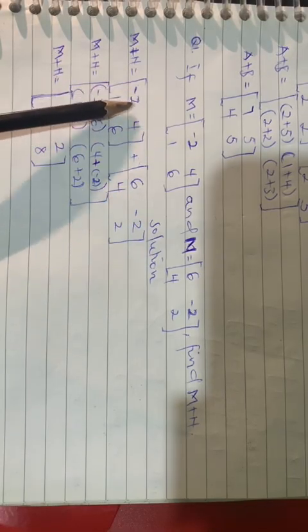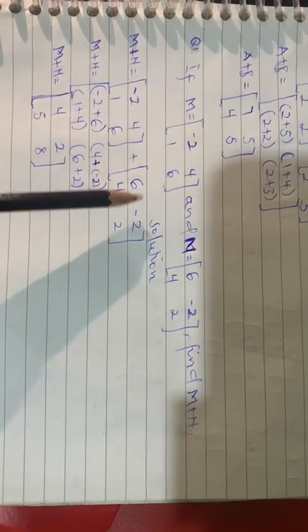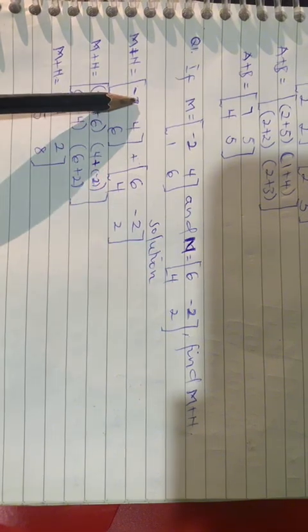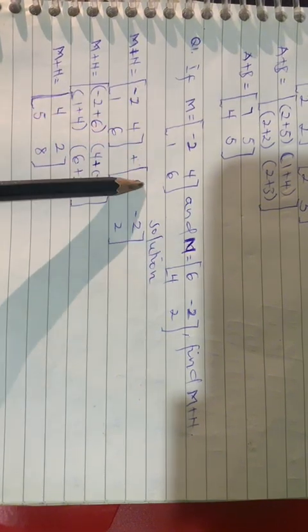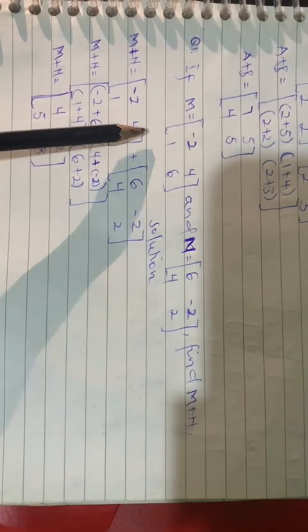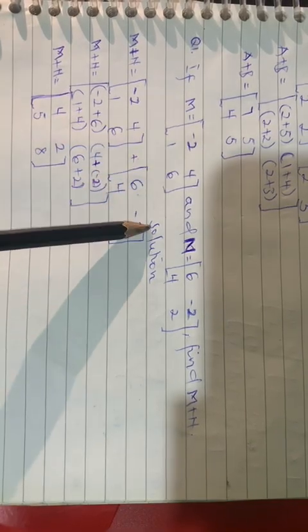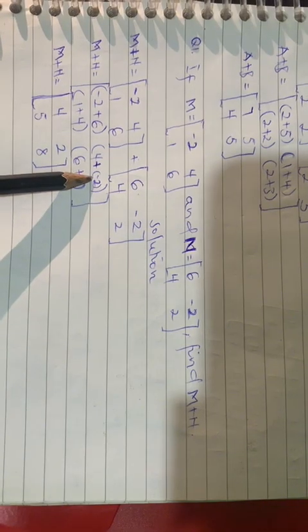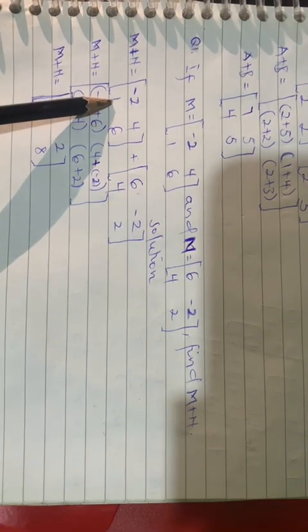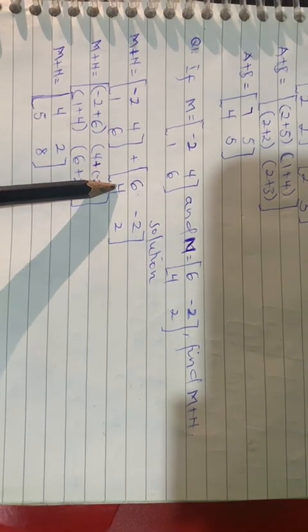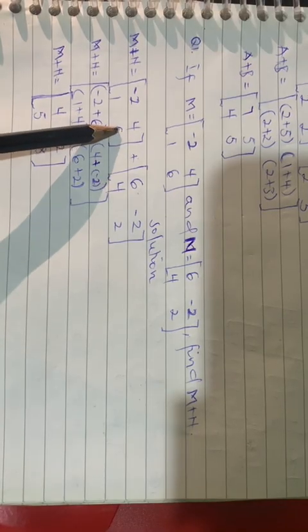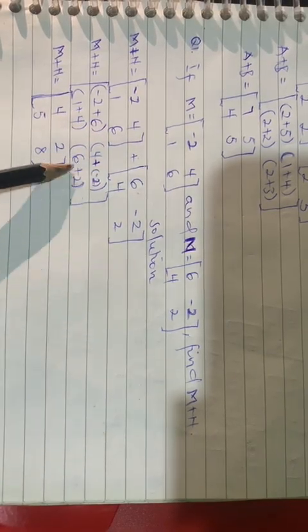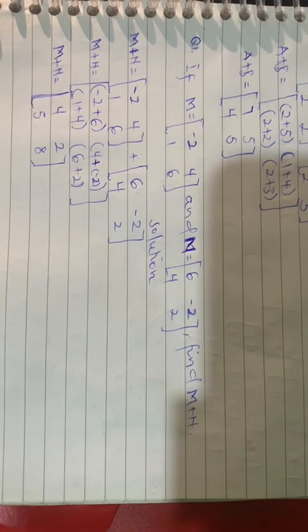This is the first matrix M plus the second matrix N. The corresponding components: this one corresponds to this, so negative 2 plus 6. This one corresponds to this, so that's 4 plus negative 2. This one corresponds to this, that's 1 plus 4. This one corresponds to this, that's 6 plus 2.